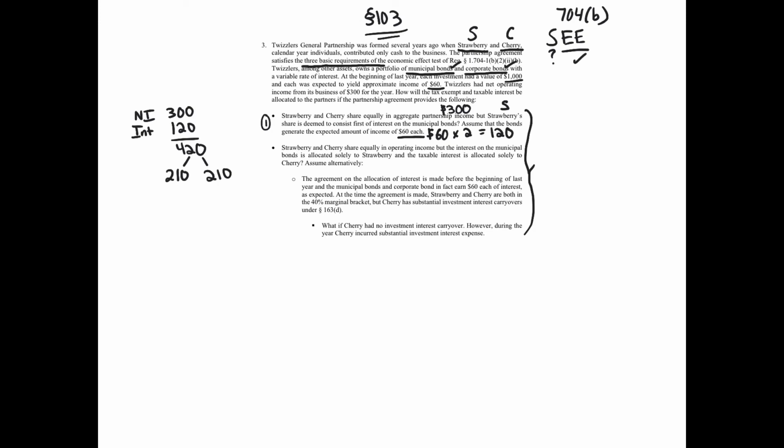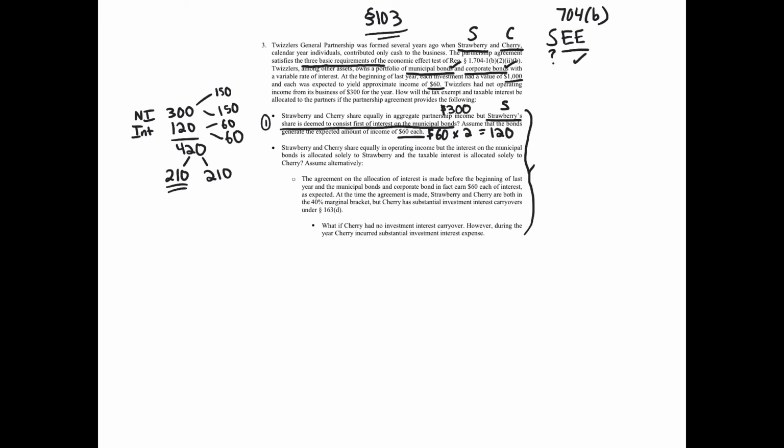We're told in the problem that Strawberry's share of interest is deemed to come first out of the municipal bonds. So we're saying, hey, the $210 share, we break up the net income, $150, and the interest, $60.